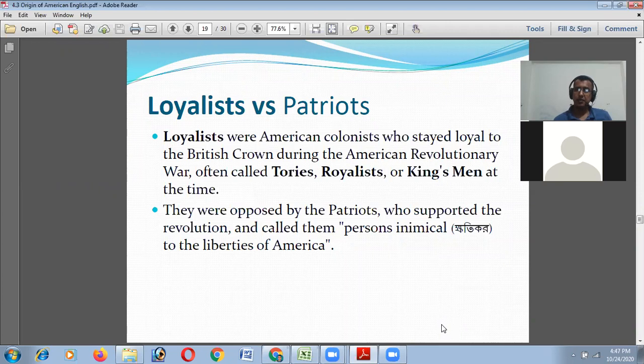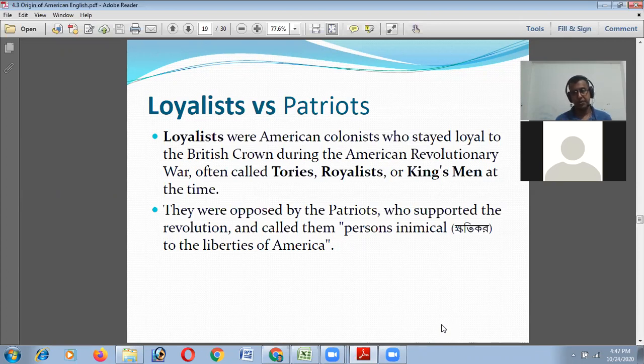Among the British people who had been living in America at the time of the Civil War, some people supported American independence. That means America should get independence from Britain. This group is called patriots.